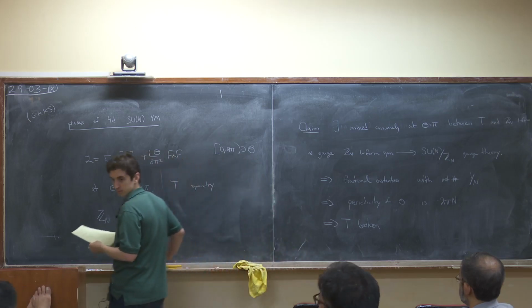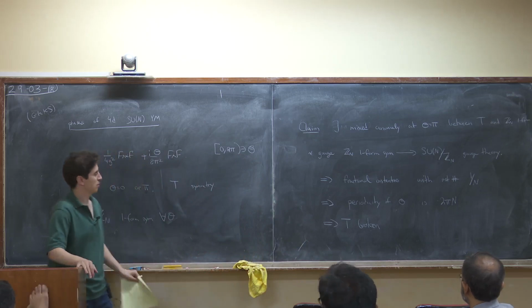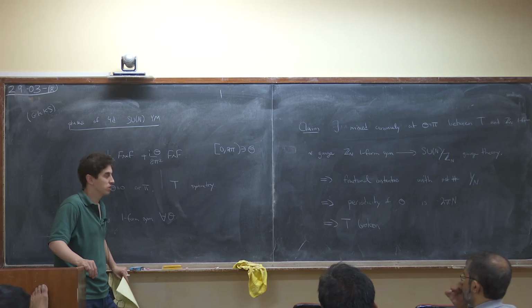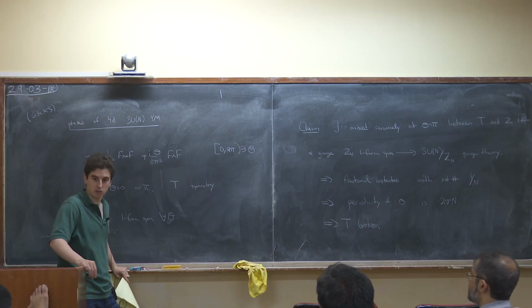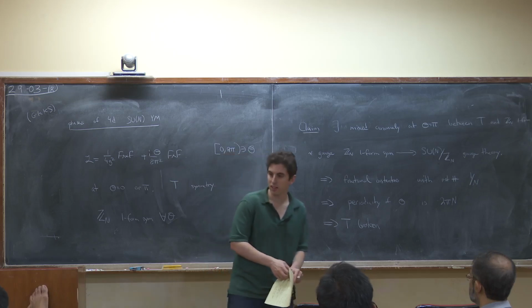You should be able to see it the other way around as well, that we gauge T. It's more subtle to say what it means to gauge T. To gauge T means you consider your theory on a non-orientable manifold. That gets a little technical for me, but I think it is possible to see, though I don't know how to do it directly.